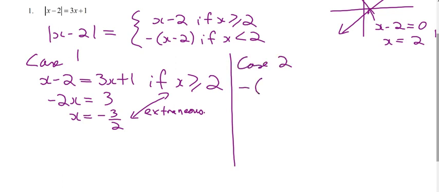So case 2 is the negative of x minus 2 is equal to 3x plus 1 if x is less than 2. Okay, that's case 2. Solve case 2, however you like, algebraically.